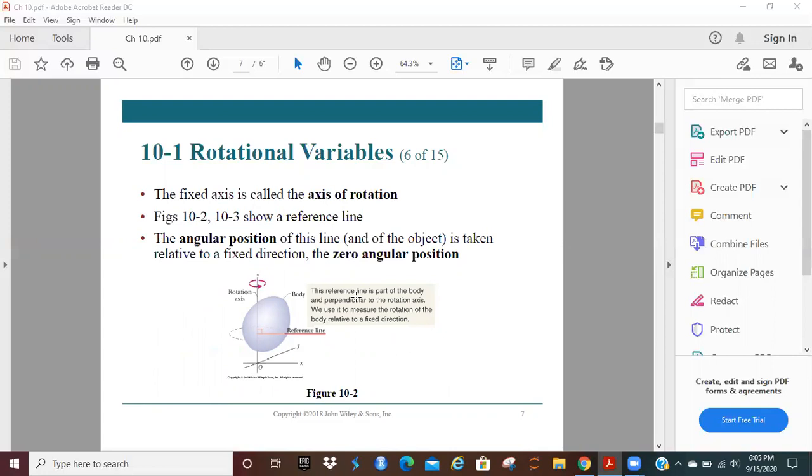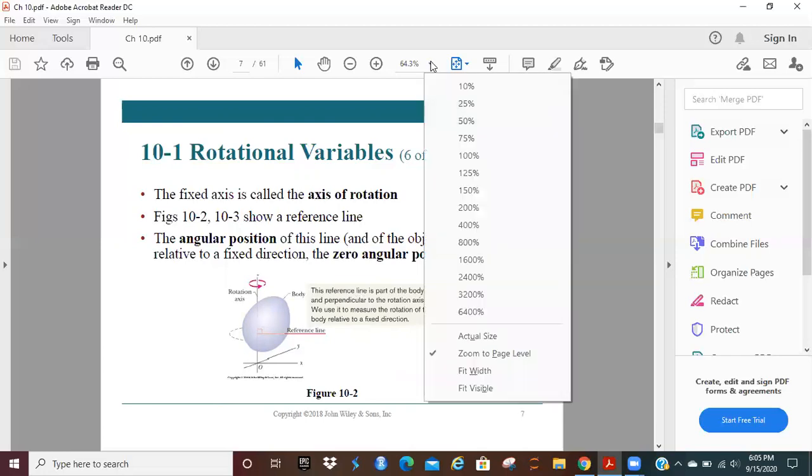This figure and the one that follows is going to show a reference line, and the angular position of this line and of the object is taken relative to a fixed direction, the zero angular position. So in this particular case, let me blow this up here a little bit.